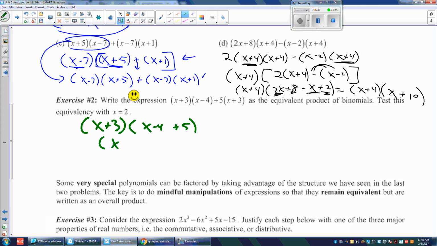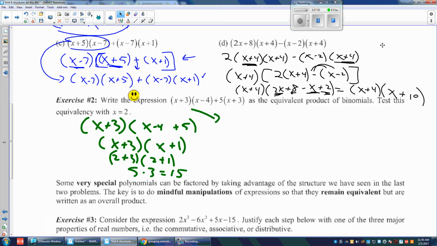So this is really x plus 3 times x plus 1 when I combine the terms. It says plug in 2. When I plug in 2, (2 plus 3) times (2 plus 1) is 5 times 3, which is 15.